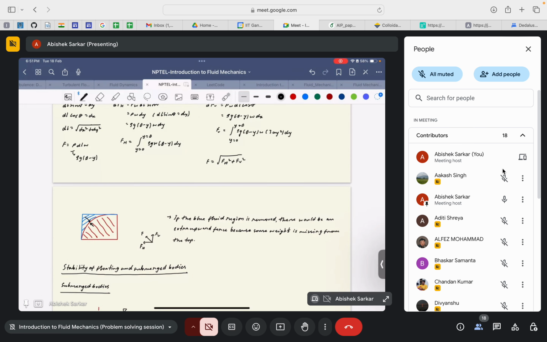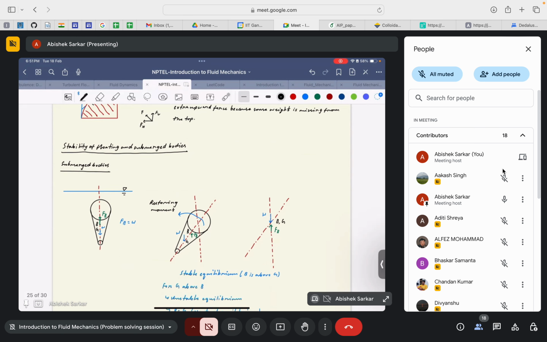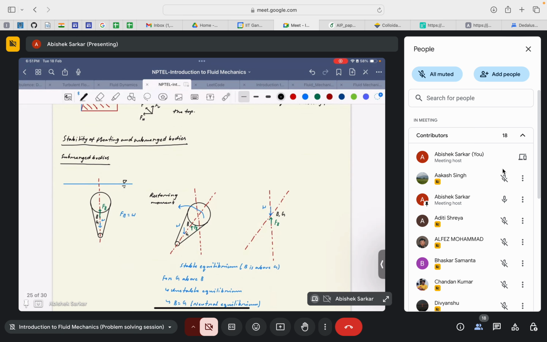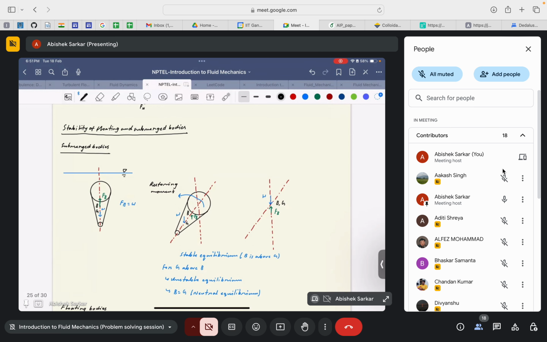I hope it is clear till now. So let us look into the next part. This part, the stability part, I will try to go a bit faster because it seems we are short in time, because there are three extensive questions in today's discussion, so I will give you more time on that. I'll try to cover this part as soon as possible, but again if you have any doubt you can stop me at that time and ask me.